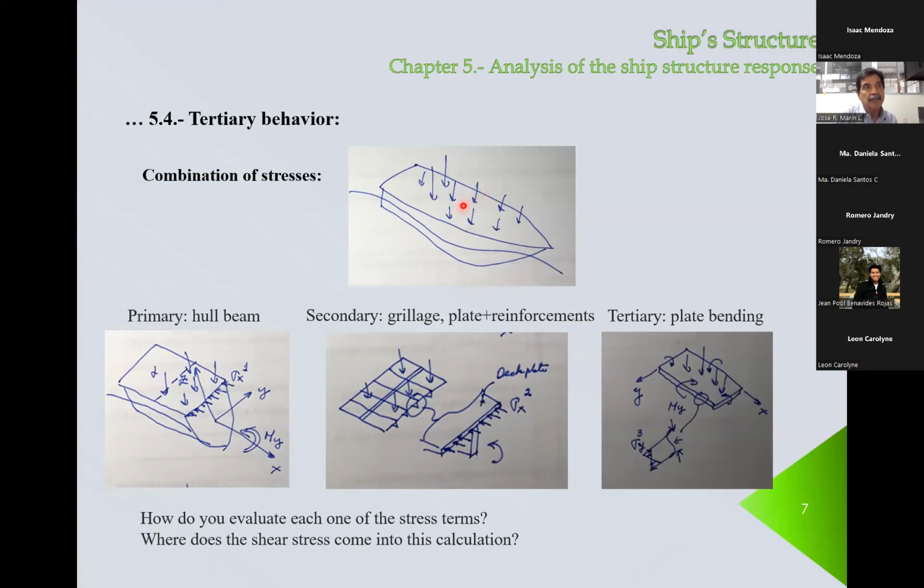So what I'm saying is that on the deck, if you want to analyze the plate at the center, probably here the shear stress will be null. If you analyze the thickness on the side, the shear stress will be interesting, and the normal stress will also be interesting. So the thickness here will be higher than that one.